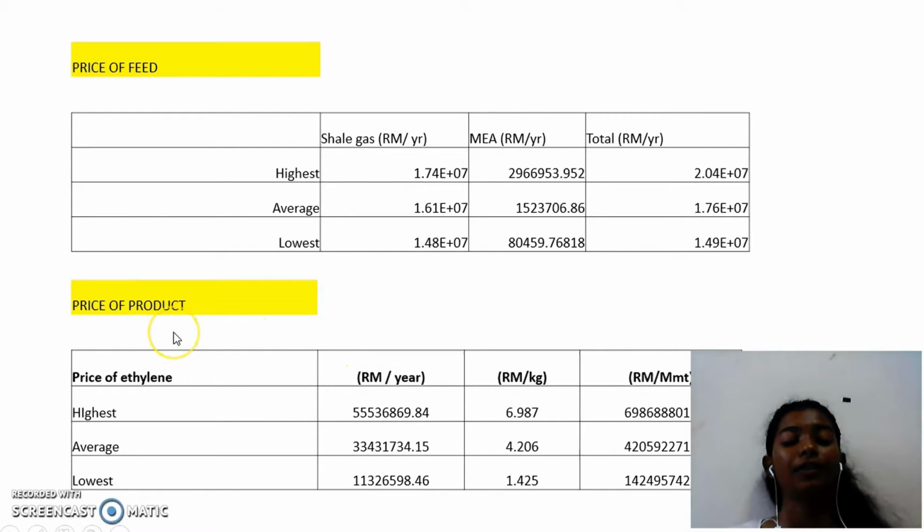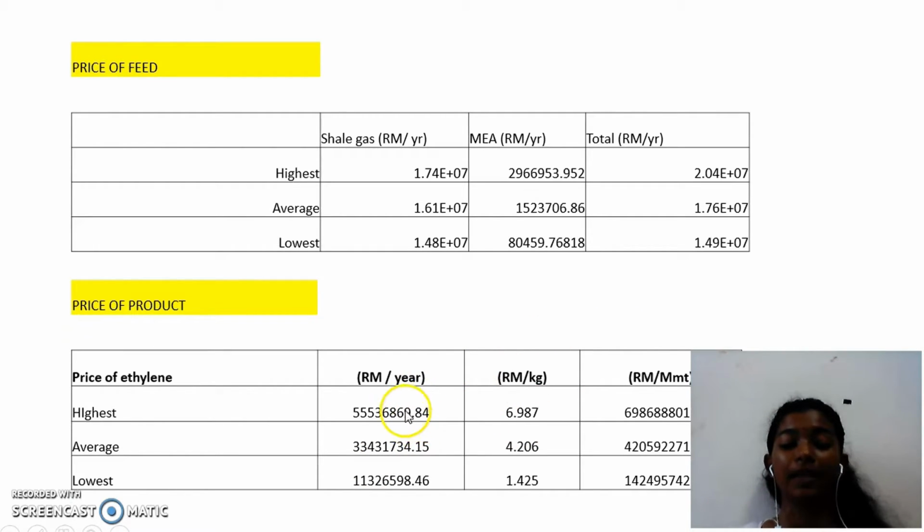And as for the price of the product, it's per year, Ringgit Malaysia per year. The highest value and lowest value are obtained, but on the internet we found them in USD per year. So we converted it by multiplying the value with 4.17, which is the conversion rate of USD to Ringgit Malaysia for the current economic state.